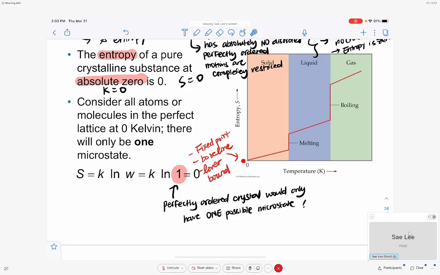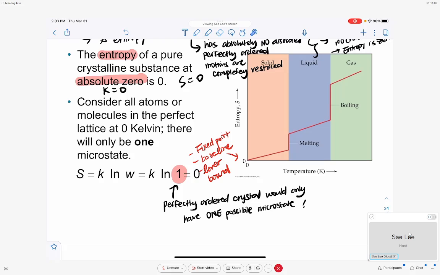Any disorder caused will be added to the absolute entropy. As you can see, as you increase the temperature, the entropy increases.